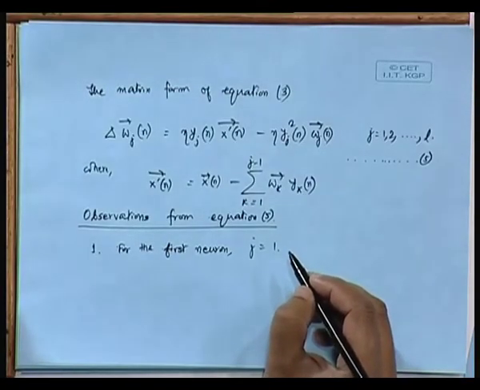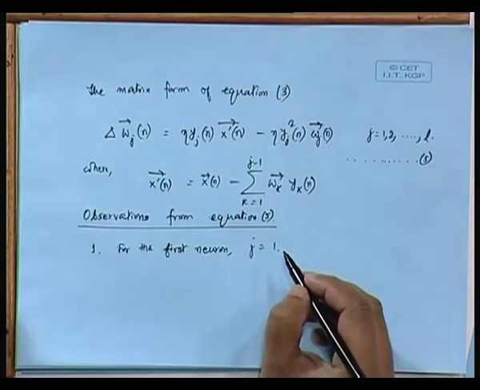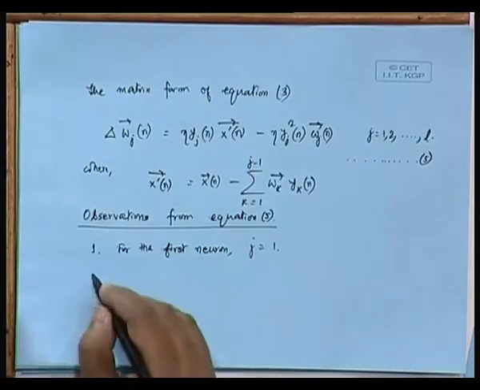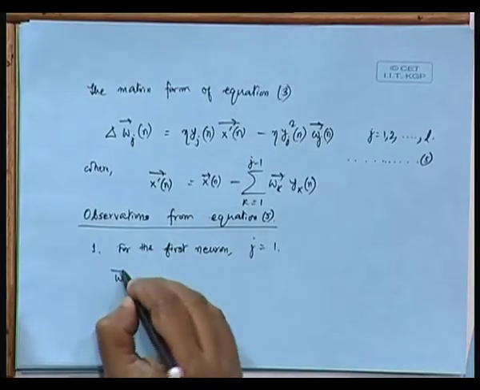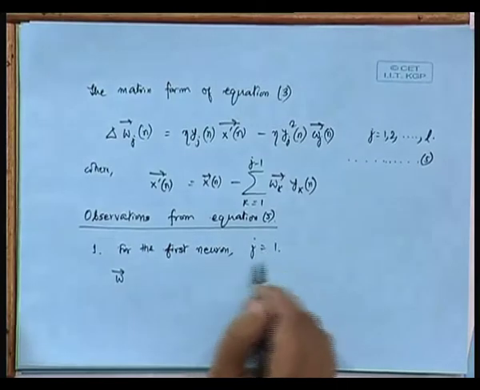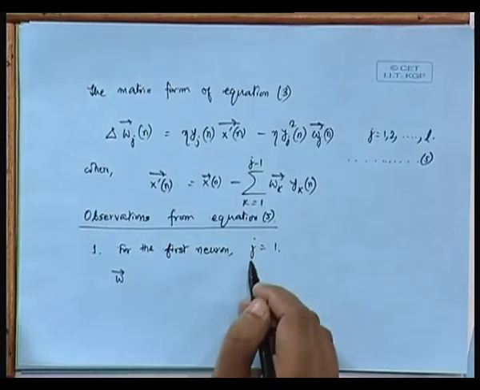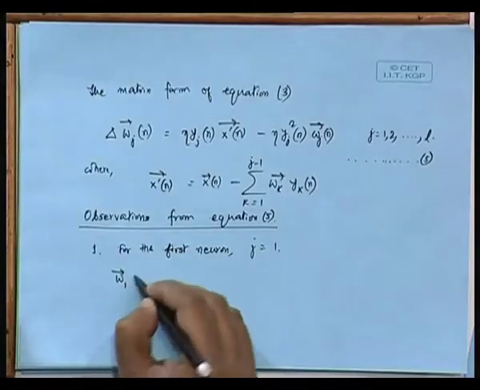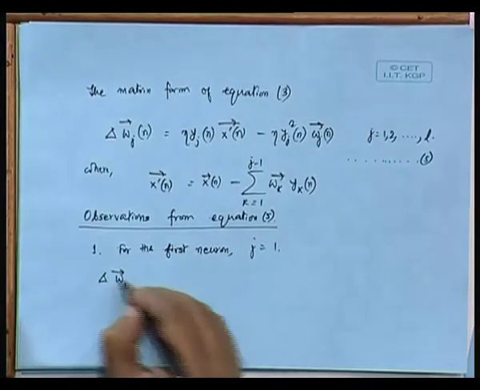Now, the j equal to 1 case will of course be delta W1. So, delta W1 of n can be written as W1. We are not writing the index 1 because we are considering only this j equal to 1 case. If you want, we can write delta W1 n.